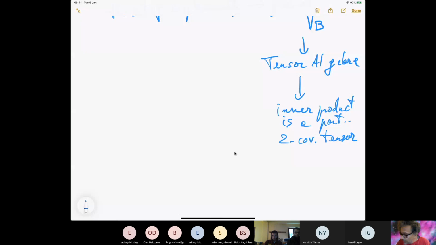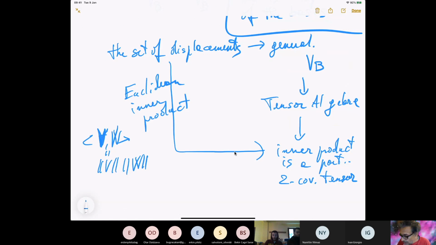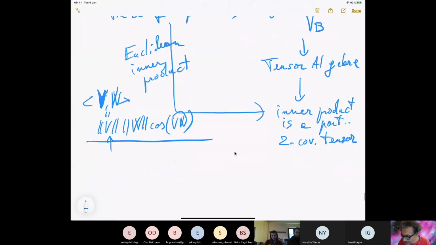And what we do, we recognize that the Euclidean inner product, I call the Euclidean inner product the one for which VW is equal to the length of V, length of W, cosine of the angle between them. And this you measure with the ruler, and this you measure with the goniometer.